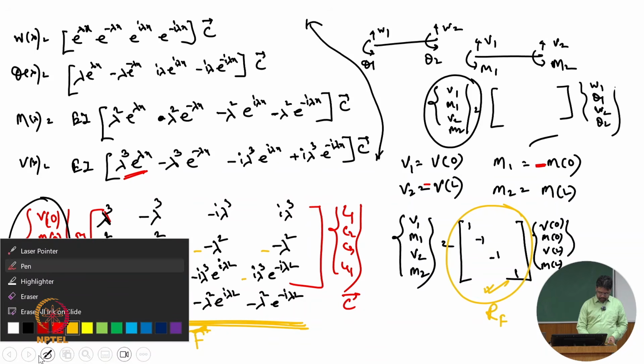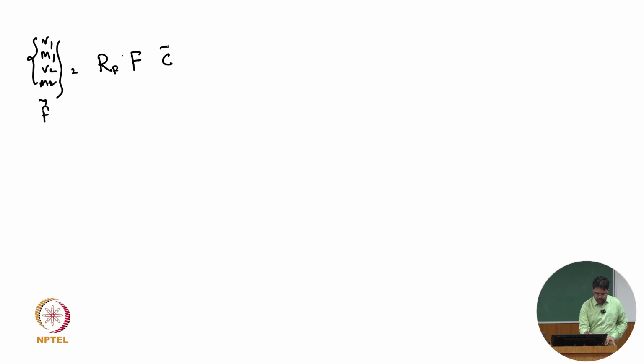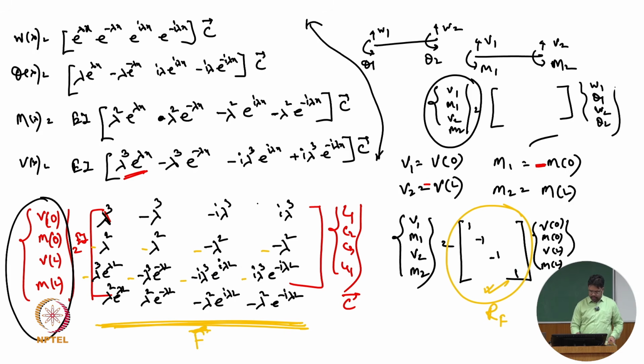So what can I say? My V1, M1, V2, M2, which is my force vector, is equal to RF times F matrix times C vector. F is this, RF is this, and C is this. Got it?